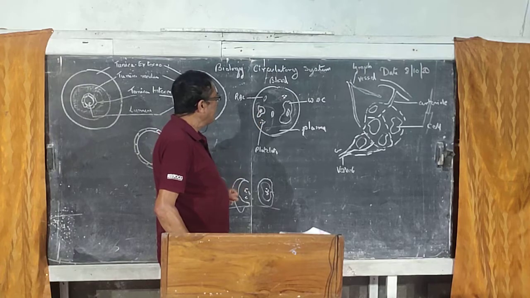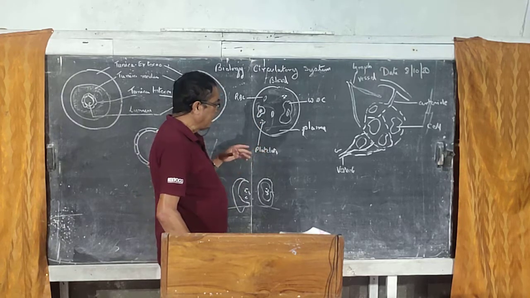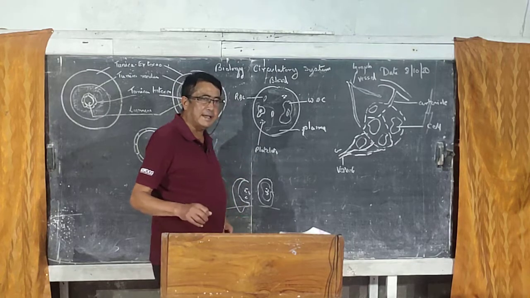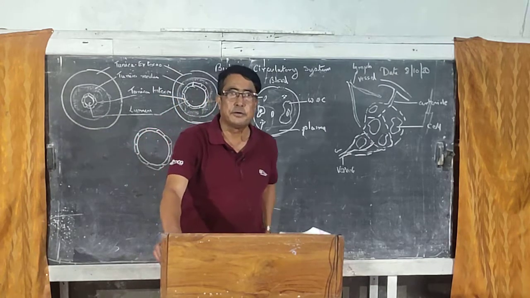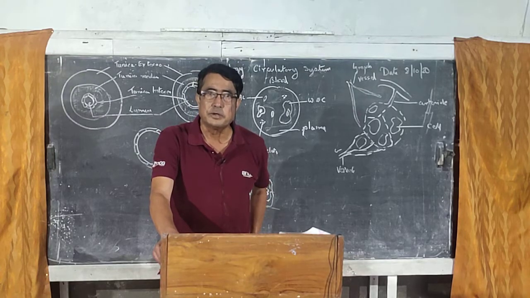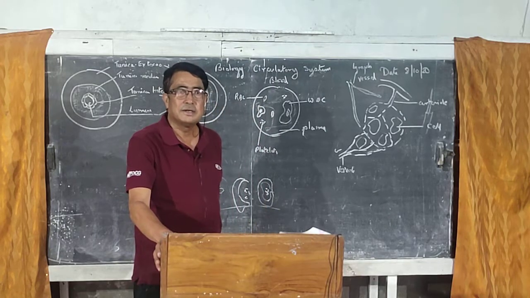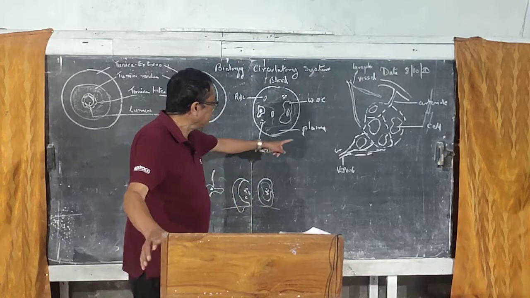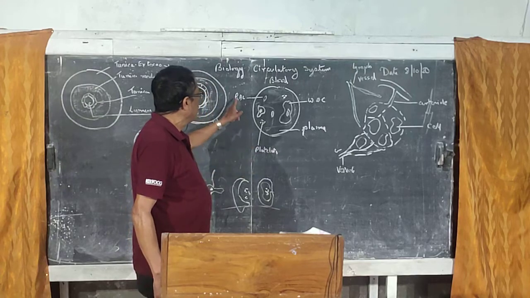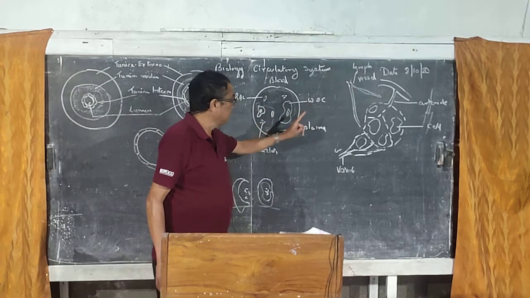There are three types of blood cells, namely, red blood cells, called erythrocytes, white blood cells, WBCs, called leukocytes, and platelets, called thrombocytes. Platelets, thrombocytes, erythrocytes, and leukocytes.